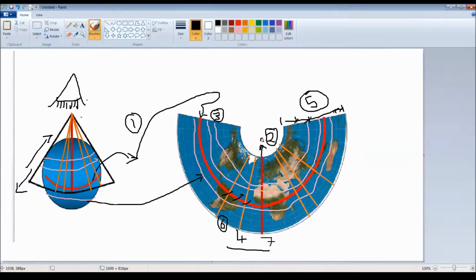Number 5, the distances between the latitude circles are going to be changing, whether you go up or down from the equator. Number 6, unlike these latitude circles, the longitude lines are all going to intersect at the North Pole. Number 7, the principal meridian is also going to be a straight line, and it's going to go toward the North Pole. Okay, hopefully that explains it.